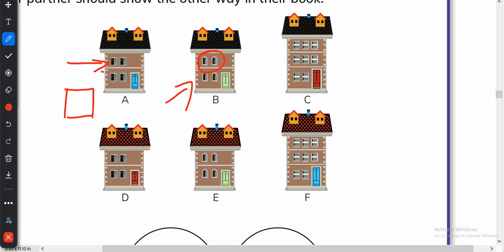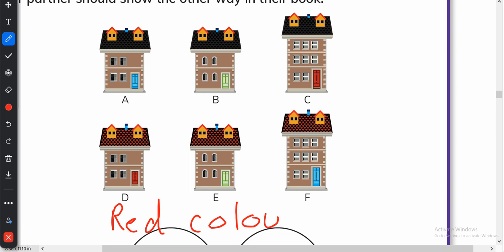Or one more thing we can do: red colored doors, and the other label could be other colors.